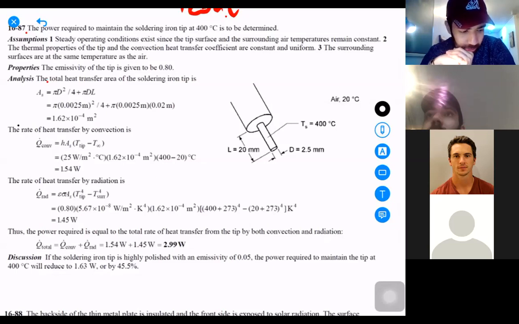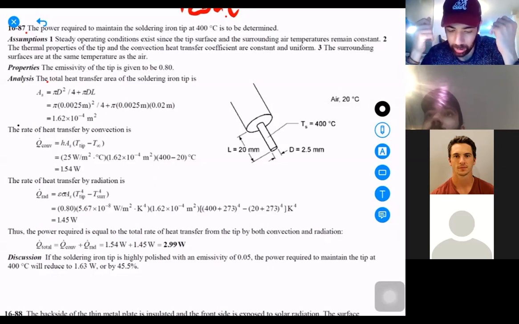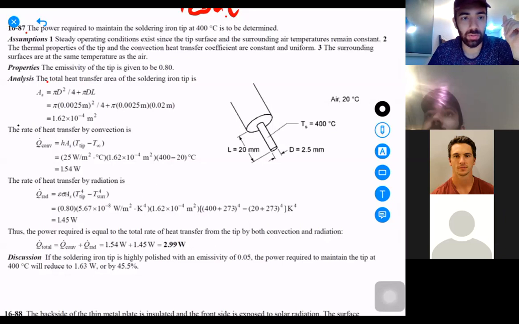We'll go to the next question, which is again a transfer of heat that is being made by convection and radiation. So let me minimize myself here so that I can see the whole screen.